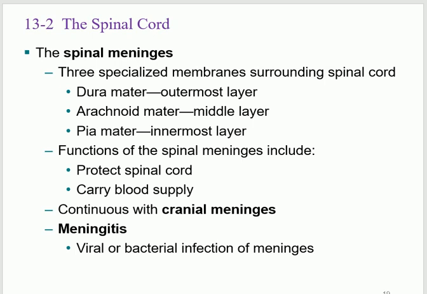Arachnoid is in the middle. How about dura? Dura comes from durable. If you're wearing a jacket, isn't this the most durable? Is it more durable than your shirt and your undershirt? The outermost should be durable because, practically speaking, this is the one that's facing the bone. It has to be very tough or durable.